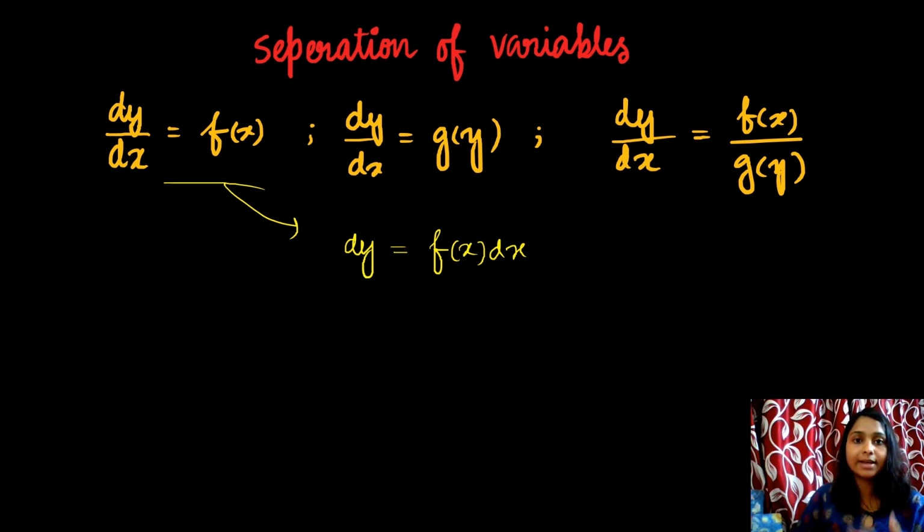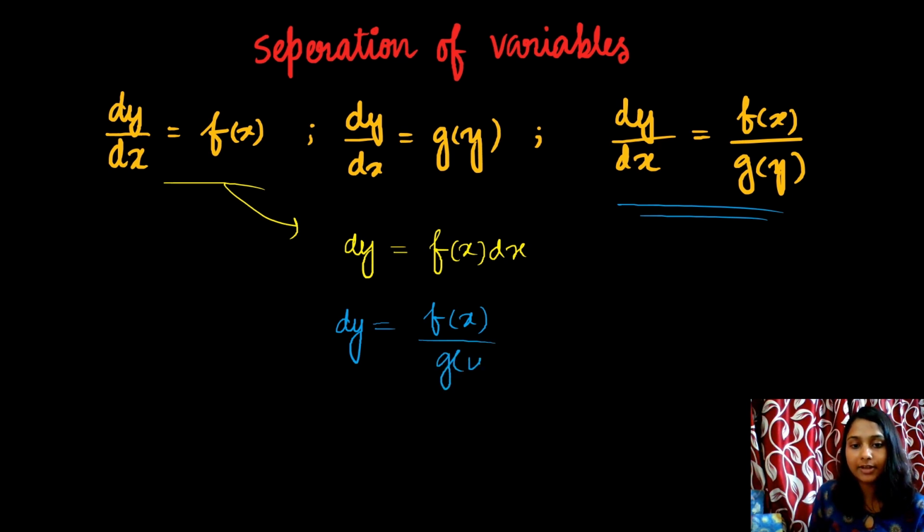What we are going to do in case of the separation of variables method, we have an equation like this, and we are going to separate those. Suppose we have this equation here, and we are going to separate this in this form: dy divided by g(y) equals f(x) dx.